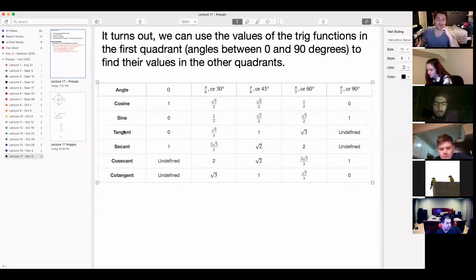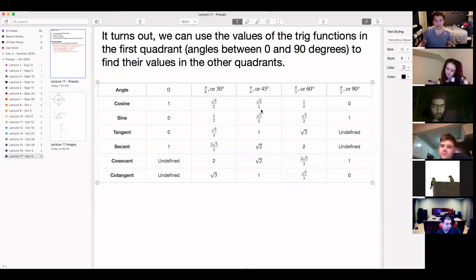I know we didn't do tangent, secant, cosecant, and cotangent, but these are just reciprocals of the first three. Remember, secant, cosecant, and cotangent are the reciprocal functions of cosine, sine, and tangent. So we actually have done everything in this table.